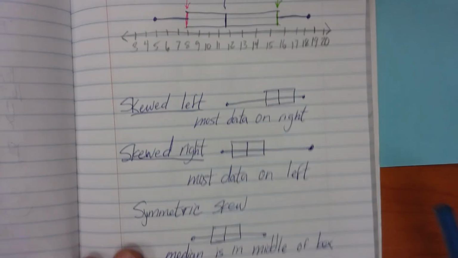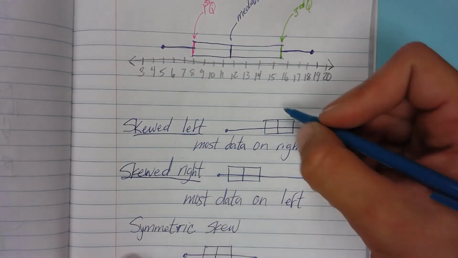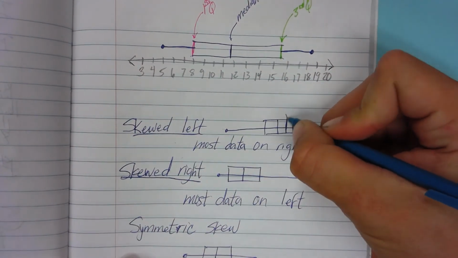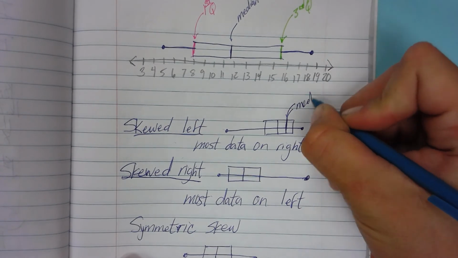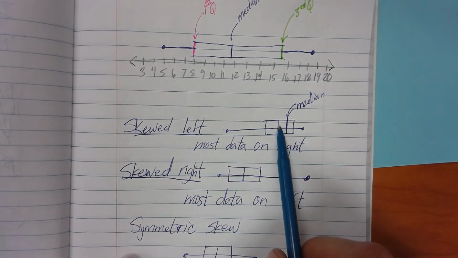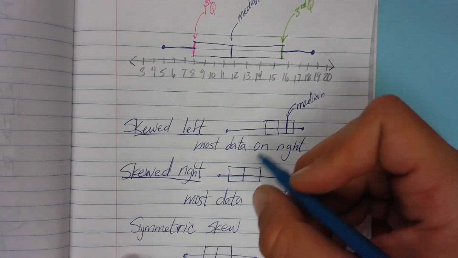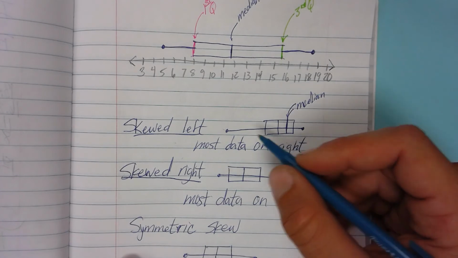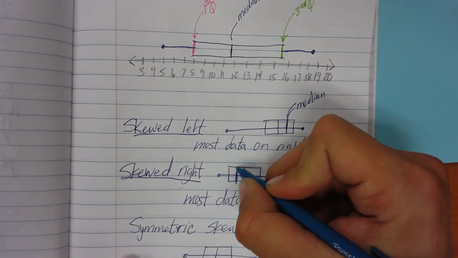And my apologies, on the skewed left, we're going to say the median is here. So erase this line, and skewed right, the median is here.